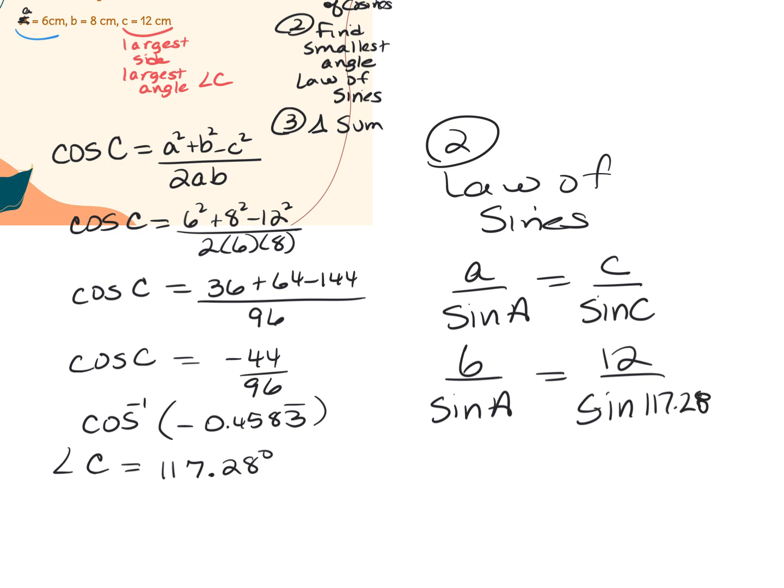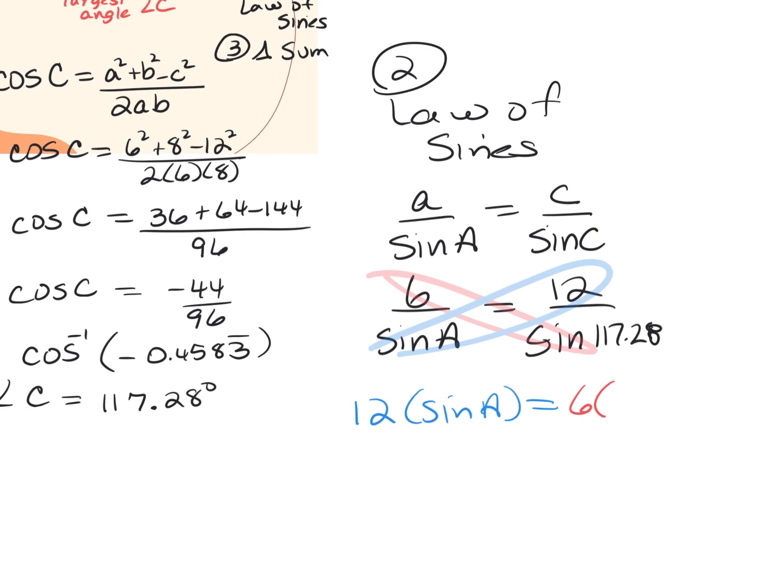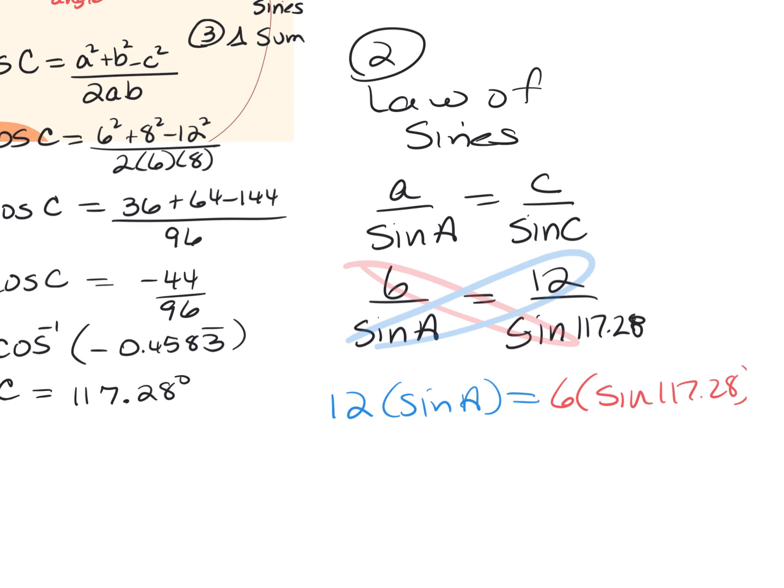I'm going to cross multiply, and I get 12 times the sine of A is equal to 6 times the sine of 117.28. Divide both sides by 12. And then again, I'm doing inverse because it's an angle.